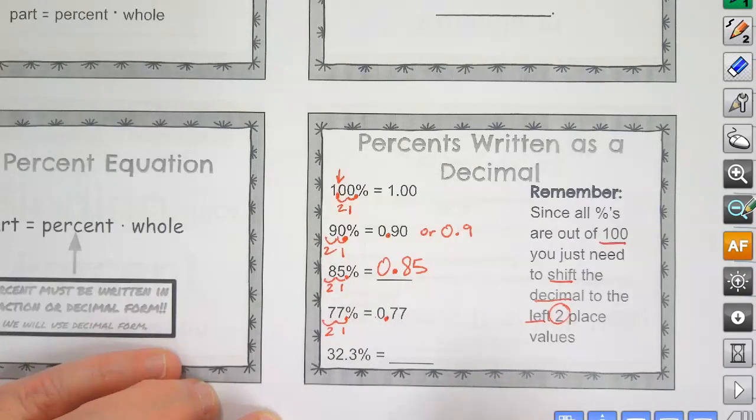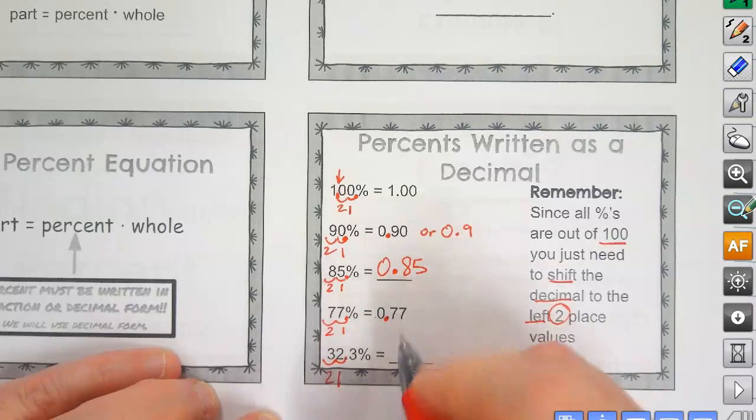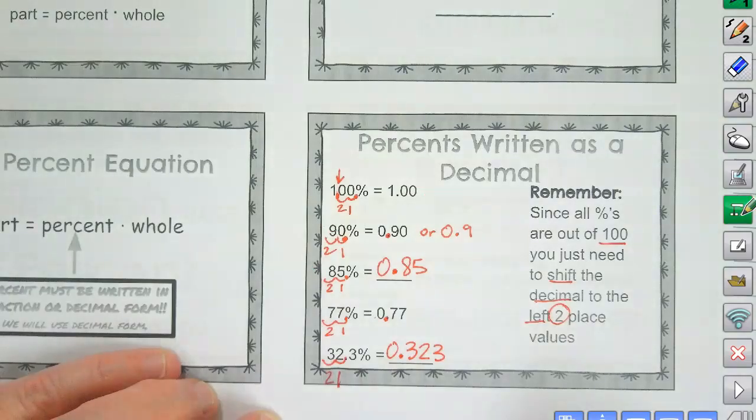All right, try the last one here on your own. Shift it once, shift it twice, and you should have come out to 0.23, pronounced 23 hundredths.